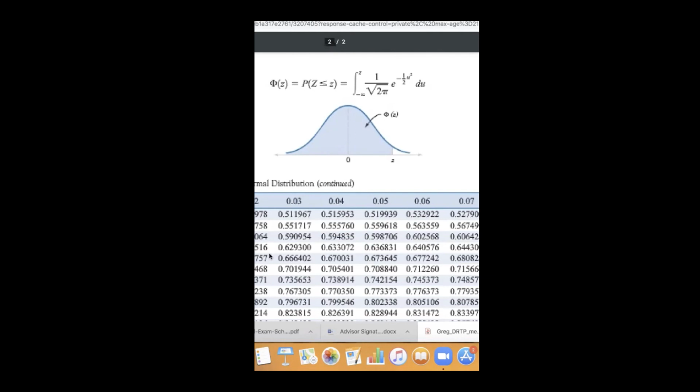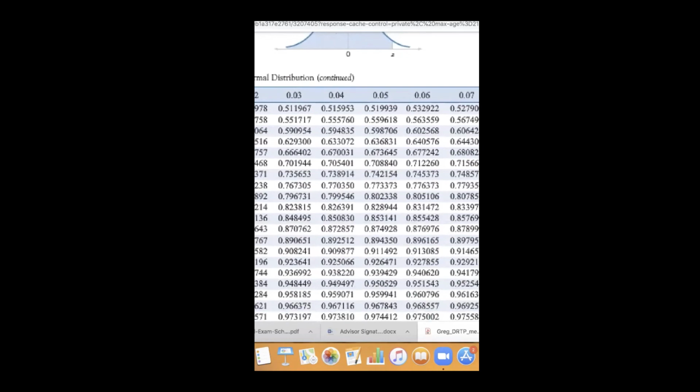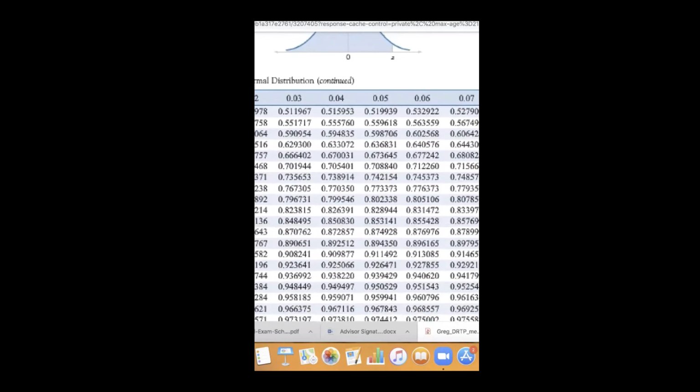So this is what we get from the table. However, in the problem that I solved for you, what do we need at the end of the day? Did you take note? Bigger than 1. I need the probability of z greater than 1, and if I just go to 1 and get this value, that's not it.